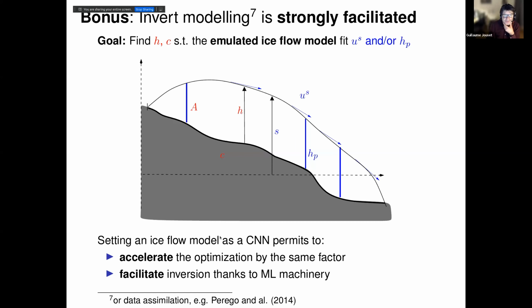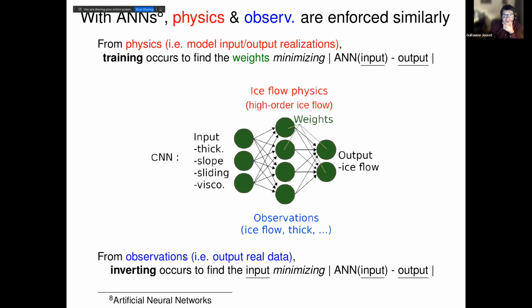I'm not doing a direct comparison of GPU solver and GPU emulation. So first of all, we can accelerate the optimization by the same factor, because if the forward model is cheap, the inverse model is going to be as cheap, since the inverse model is a matter of iterating over a forward model. But on the other hand, it also dramatically facilitates the inversion thanks to the machine learning machinery.